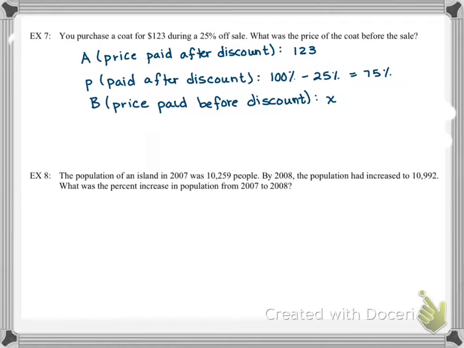Because you pay the 123, you don't pay that 25%, you pay 75%. So we are going to write 123 equals 0.75x, and x equals 41 times 4, 82, 164.